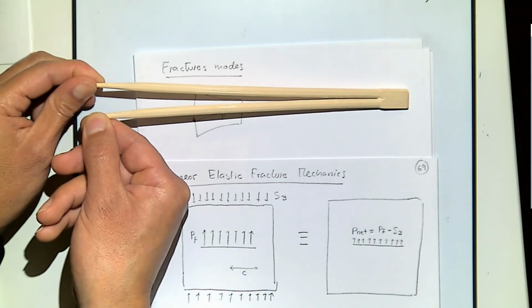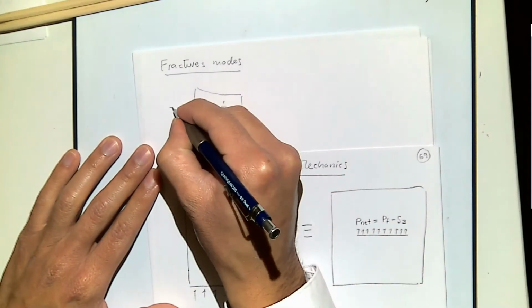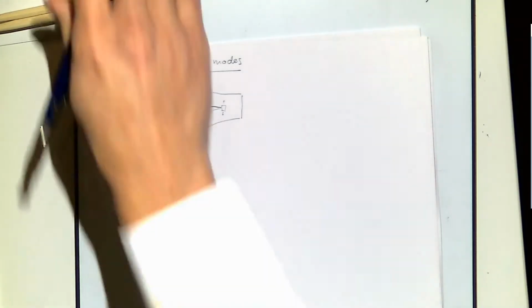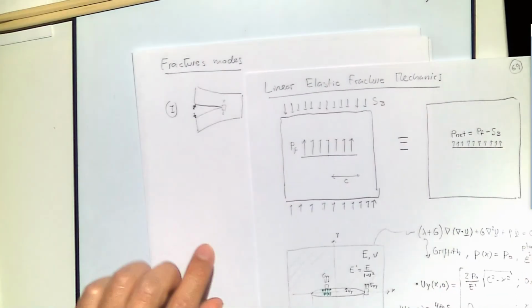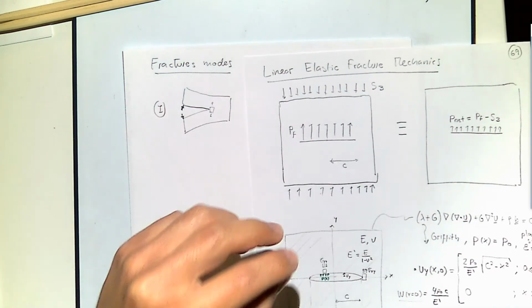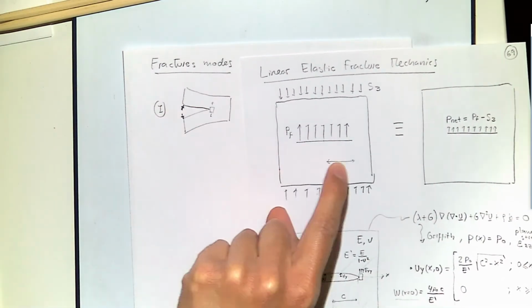That's mode number 1. But that's not the only one. There are 3. This is the one that we use for a hydraulic fracture that has pressure inside. The pressure moves the two walls apart, and that gives origin to mode number 1.